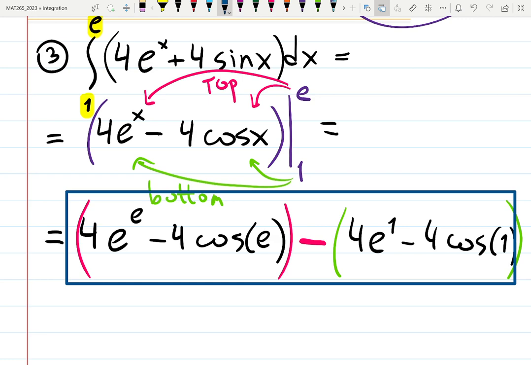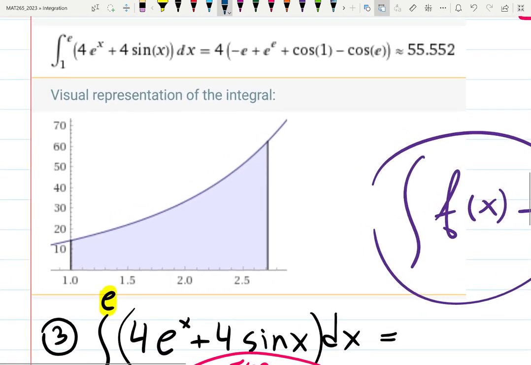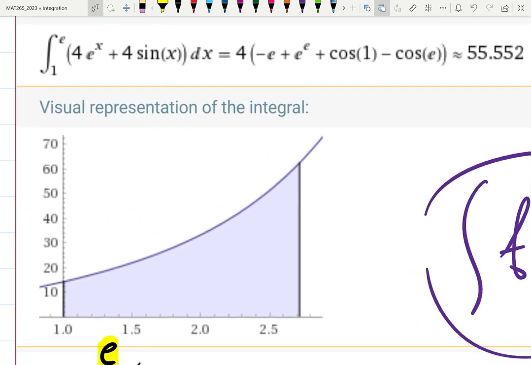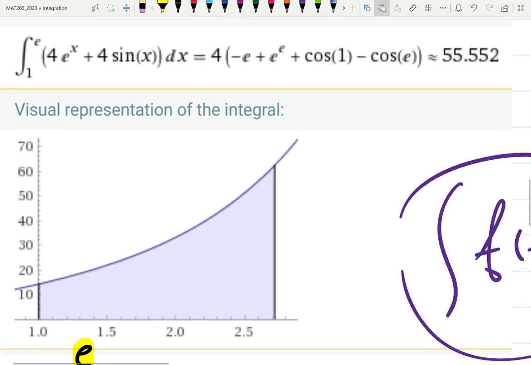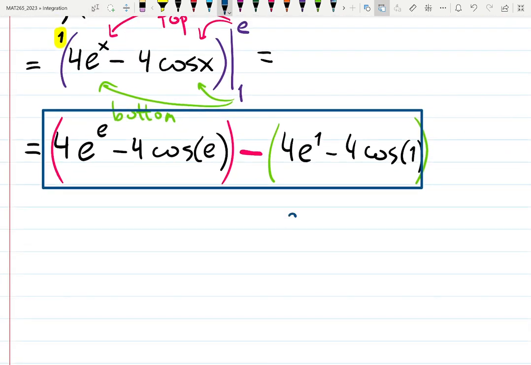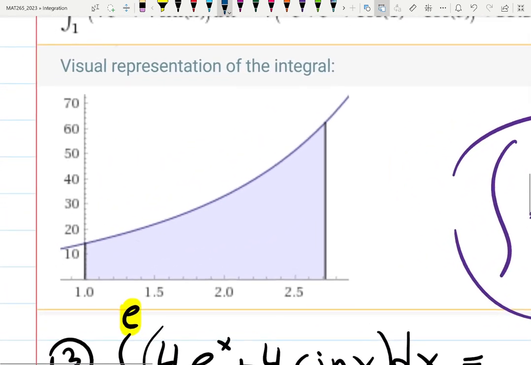Questions? So again, to make an explanation of this, I plotted this function in Wolfram Alpha. And Wolfram Alpha factored out 4, but did not simplify anything else, as it should not. And it told me it's approximately 55.55. That's a cool number. Remember, it's an area, and here it is.